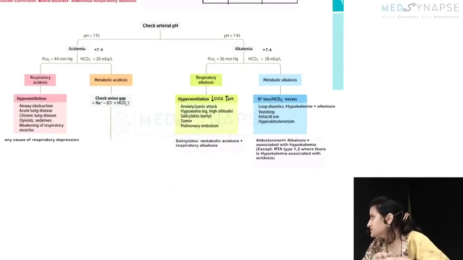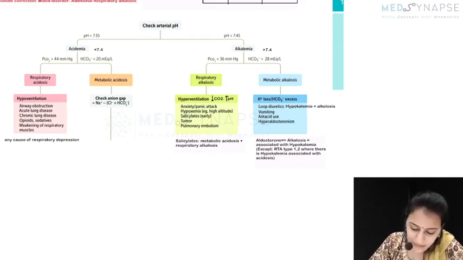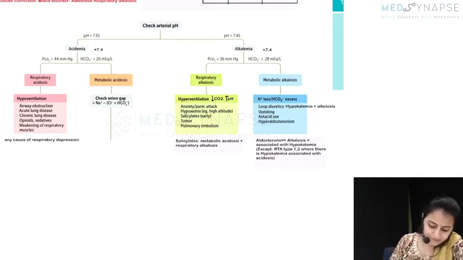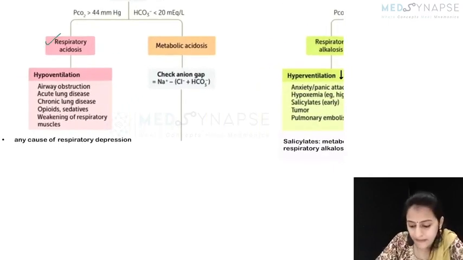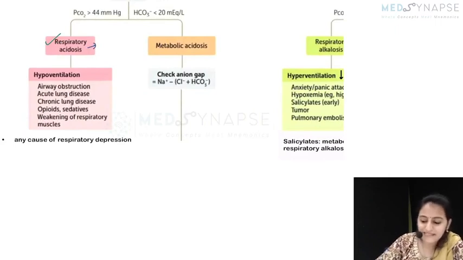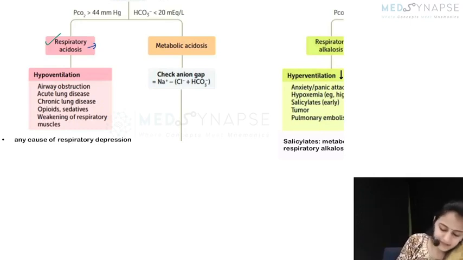Coming to the causes of respiratory acidosis, respiratory alkalosis. What are the causes of respiratory acidosis? Any cause of respiratory depression. What will cause respiratory acidosis? Think logically. Acidosis means what is happening to pH?